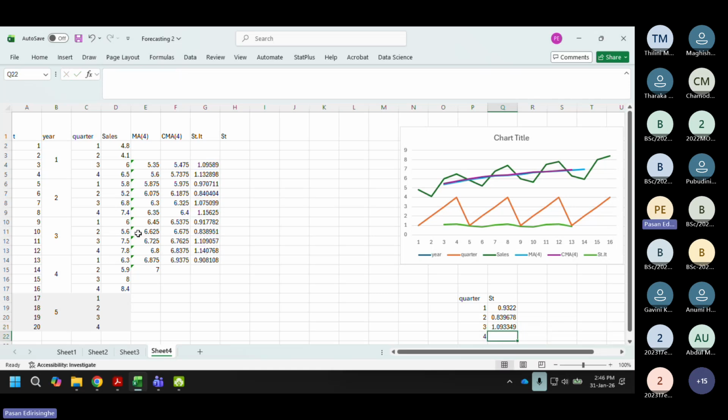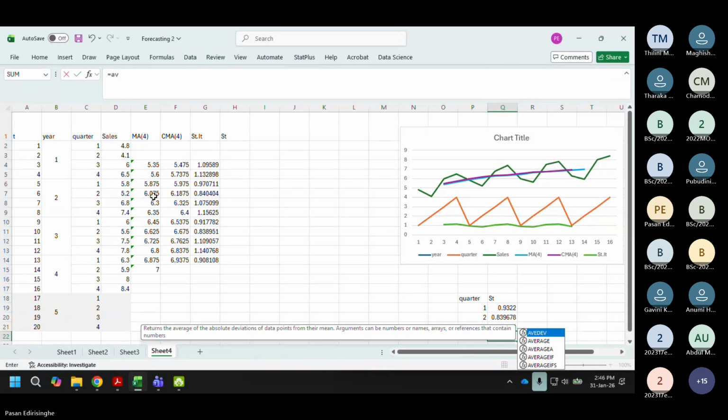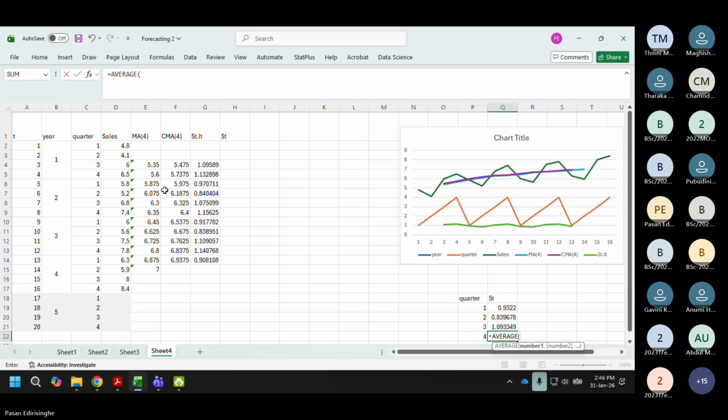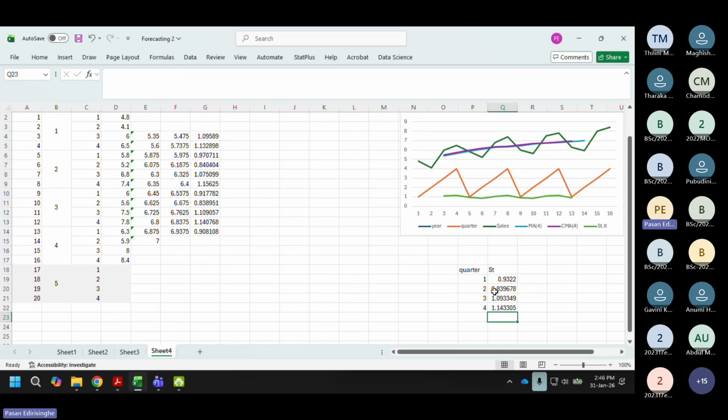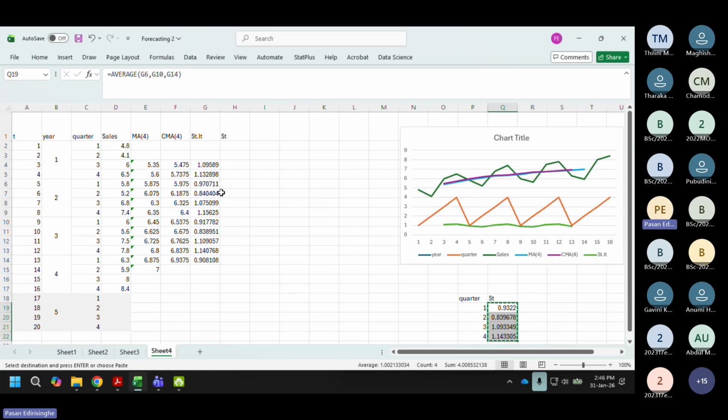And number 4. So like that, now I can have these averages over the seasonal values, right? I can take these numbers and use those numbers as a prediction here.